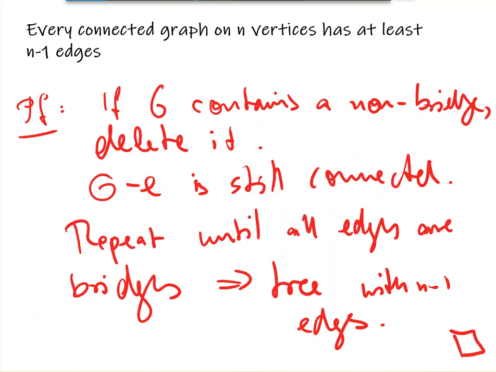One note maybe is that you really have to do this step by step. Because if I delete a non-bridge, an edge that may have been a non-bridge before I deleted it is now a bridge afterwards. So if I draw an example here, a simple example could be if I start with a cycle.